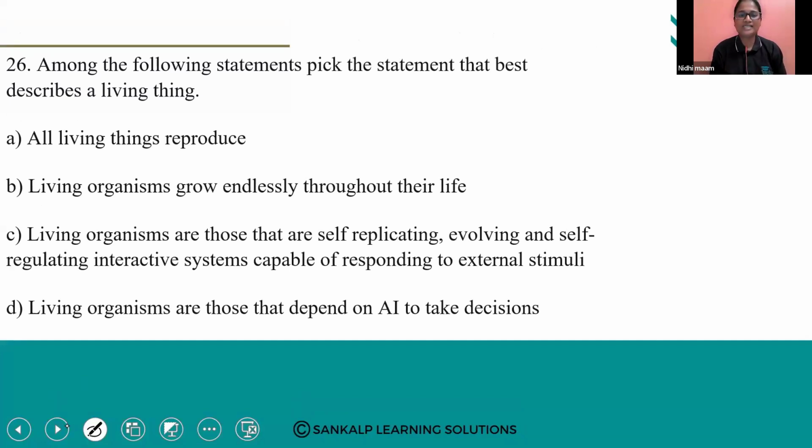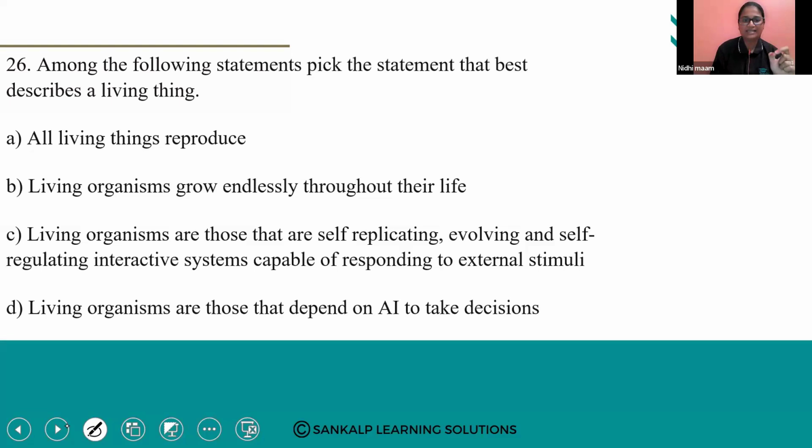Among the following statements, pick the statement that best describes a living thing. Which statement will best define a living thing? All living things reproduce. Living organisms grow endlessly throughout their life.